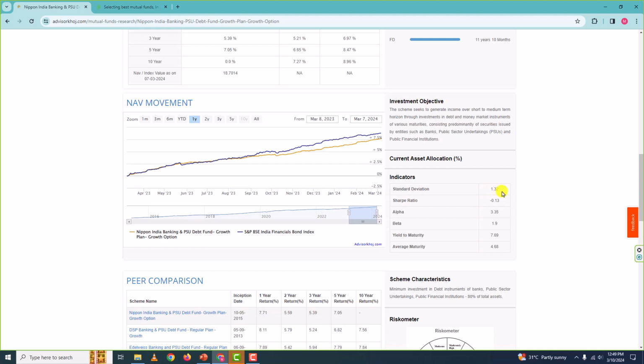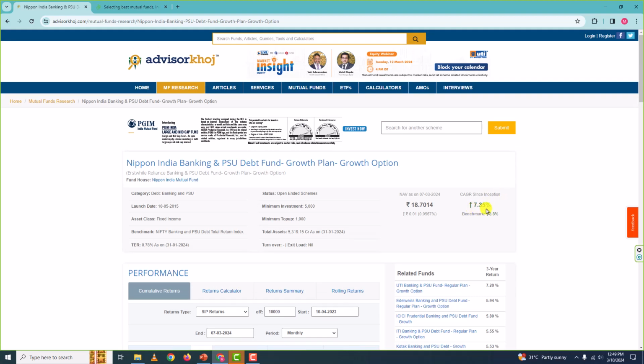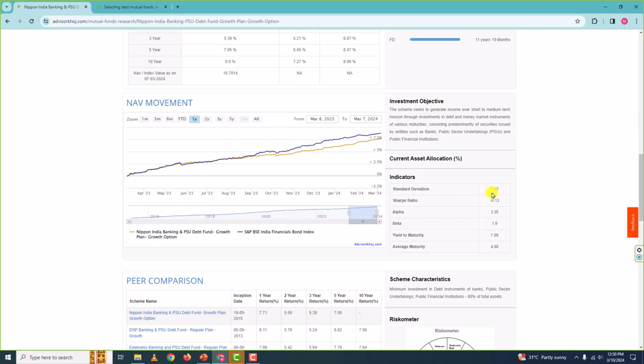It means the fund returns will be between this minus standard deviation and this plus standard deviation. How many percent of the time? 68%. Okay. So that is what this tells us. Sharpe ratio is minus 0.13. Now when we say negative Sharpe ratio, it means that it is giving lesser returns than risk-free returns.